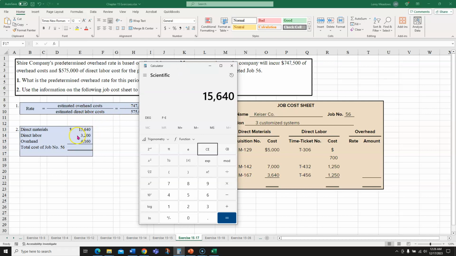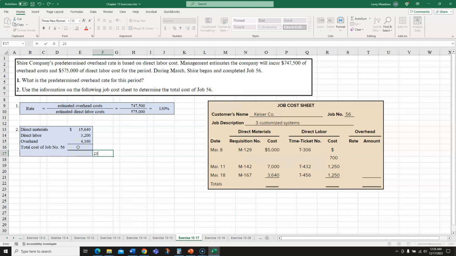I'll just add all these up here. 15,640 plus 3,200 plus 4,160 will give me a total job cost for number 56 of $23,000. Whoops, wrong cell here. And wrong cell again. There we go. And that's my total cost of job 56.